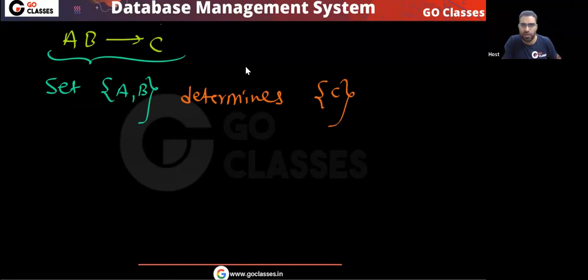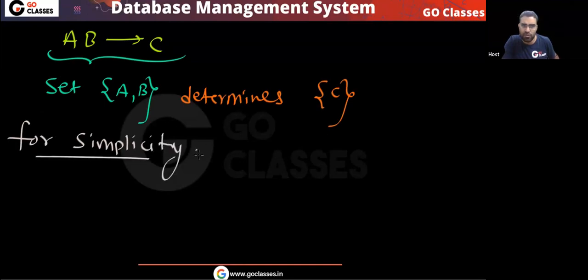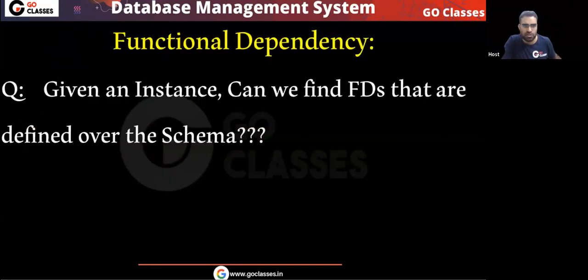Very simple point. For convenience, just for simplicity, we write it as AB determines C. Nothing else, I told you.